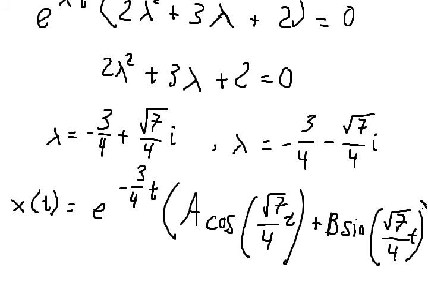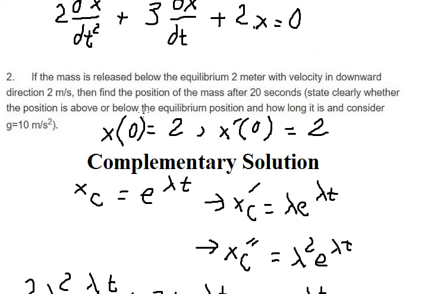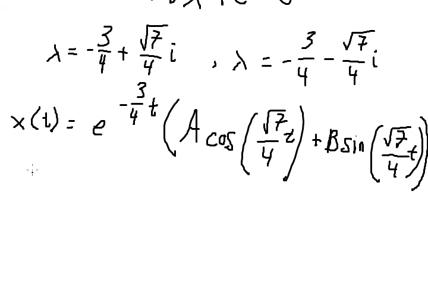Now, after we have everything in here, we have the conditions. So we put t equal to 0, and we have 0 going here, here, and here. So we have a equals 2.